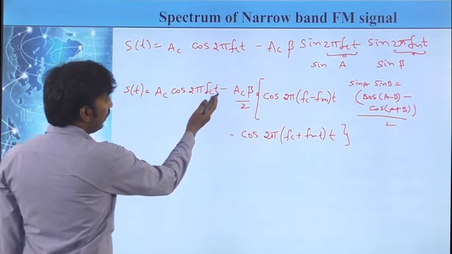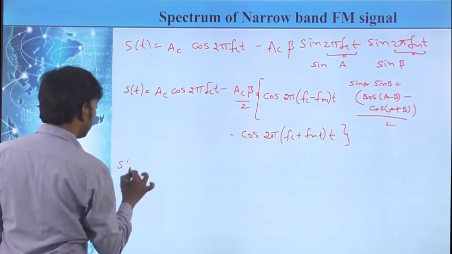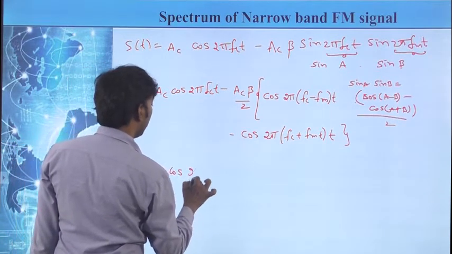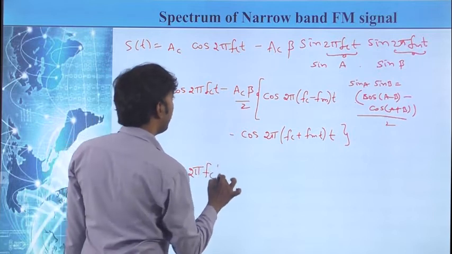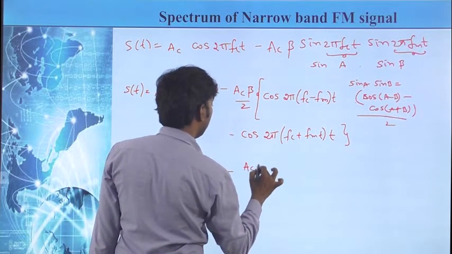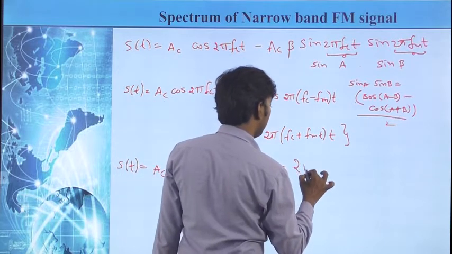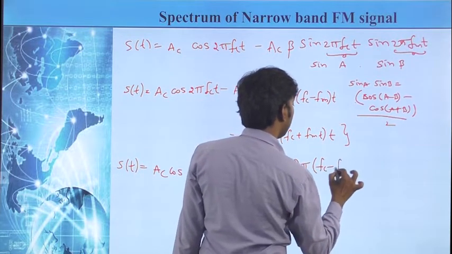Now I am taking the minus inside. If I take the minus inside, s(t) is equal to Ac cos 2πfct minus Ac beta by 2 cos of 2π(fc minus fm)t.